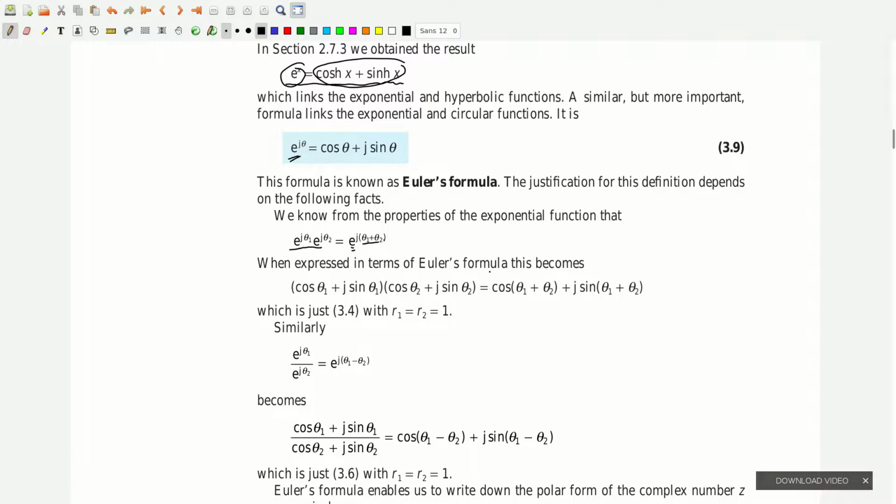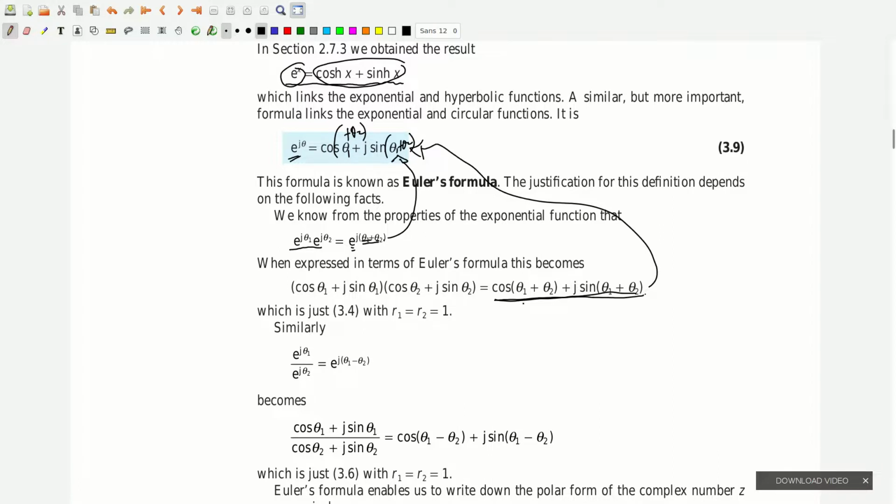When expressed in terms of Euler's formula, this is directly understood because it is just theta 1 plus theta 2. So we have cos of theta 1 plus theta 2 plus j sine of theta 1 plus theta 2, direct as it is.